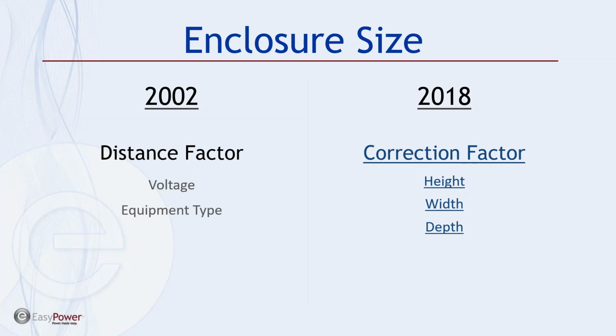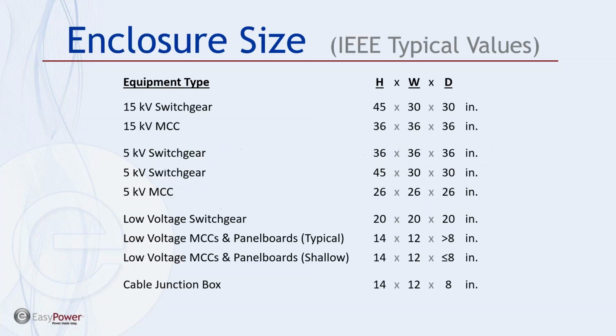Okay, enclosure size has replaced the distance factor multiplications that we were using in 2002. It comes down to the height, width, and depth, primarily of the enclosure opening, and this will dictate a correction factor based upon the voltage and the dimensions of the cabinet.